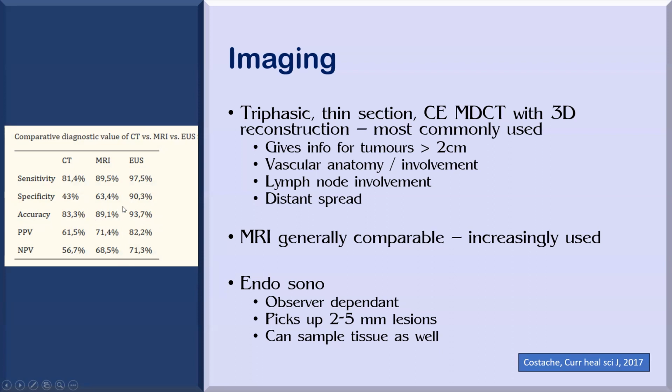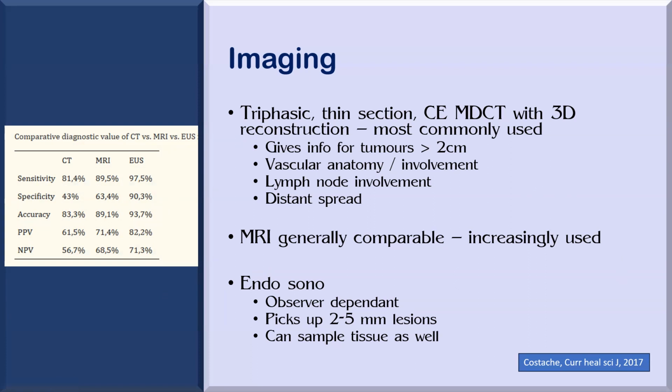MRI is not easily available, expensive, and not commonly read, so it has not become very popular, even though it is getting there. Endosono is the least available and observer dependent, but if you have the right institution and the right person doing it, it gives you the best information for CA. Okay, that is about imaging.